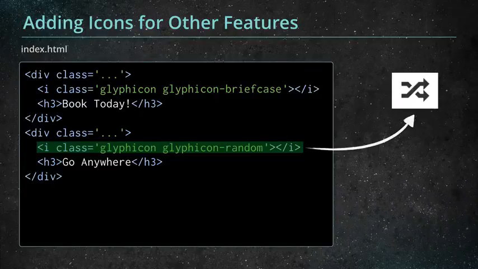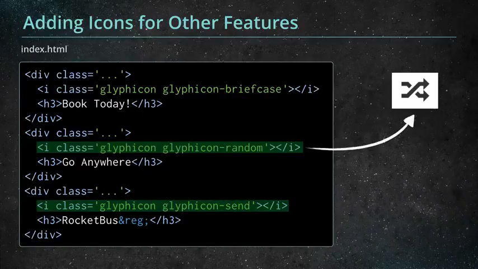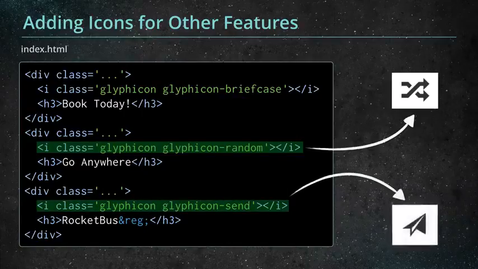For our rocket bus, we'll follow this same pattern again and pick out an icon. There is no rocket icon, unfortunately, but this paper plane icon conveys a similar meaning. Now, if we really needed a rocket icon, we could go find another library that provides additional icons like Font Awesome. I'm okay with our plain icon for now though, so let's stick with it.